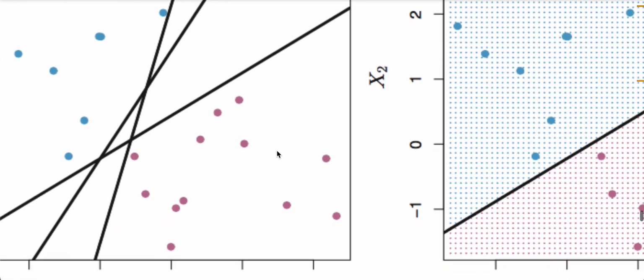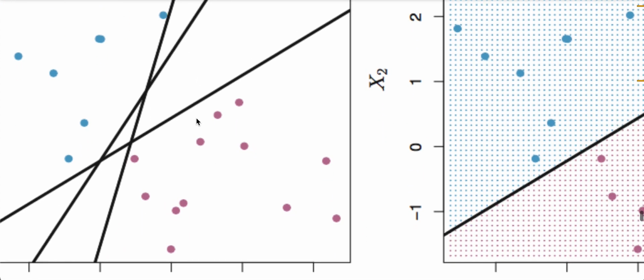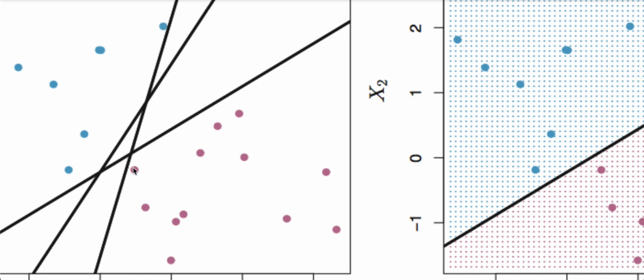On the other hand, this point is also close, but this distance is larger than this distance. Therefore, the minimal distance from the observations to the hyperplane is given by this distance.